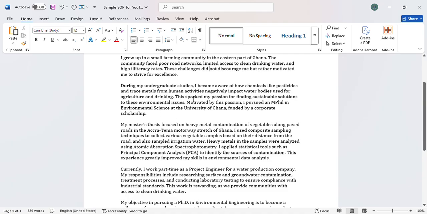So this paragraph is giving my motivation for graduate studies. This is a sample of my statement, not the full statement, but it gives you an idea of where I developed the interest and had the motivation to apply for graduate school.